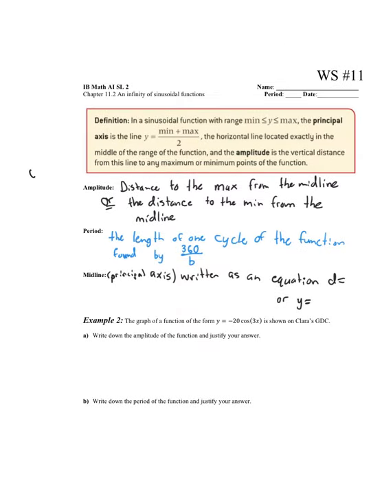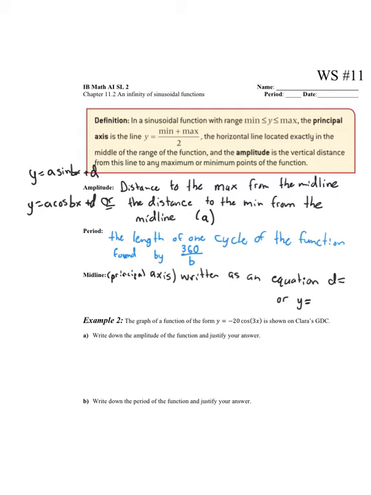So the parent functions are going to be y equals a sine of bx plus d, and y equals a cosine of bx plus d. Those are the two parent functions for sine and cosine respectively. So a is the amplitude. b is what we use for calculating the period.